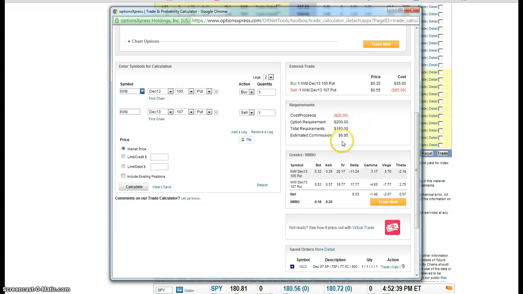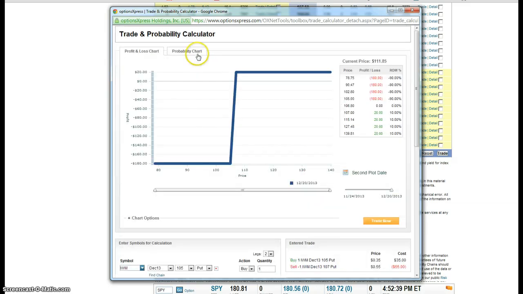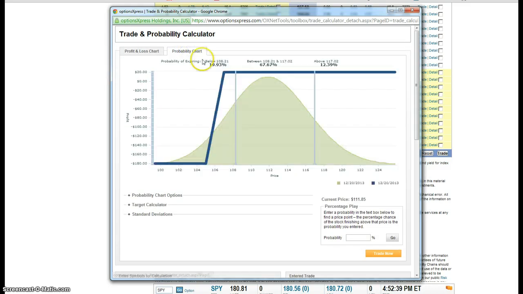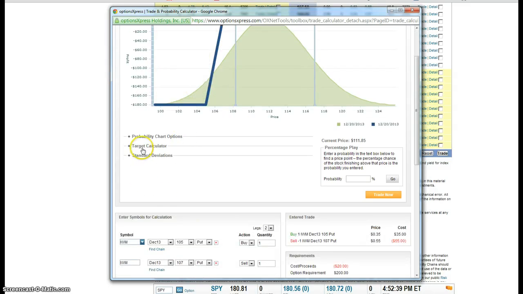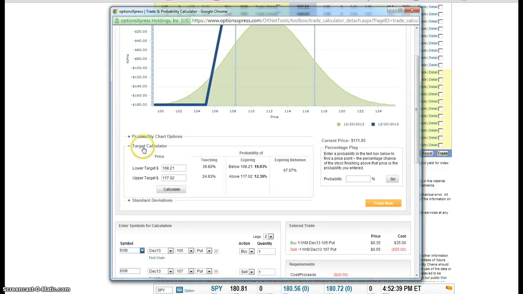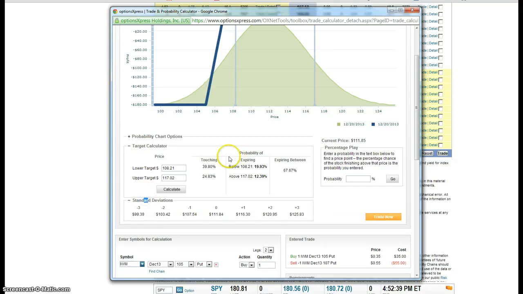So this is what the trade page would look like, and here is the risk graph. Now let's go to the probability chart. The probability chart gives you different targets, and it also gives you the standard deviations.